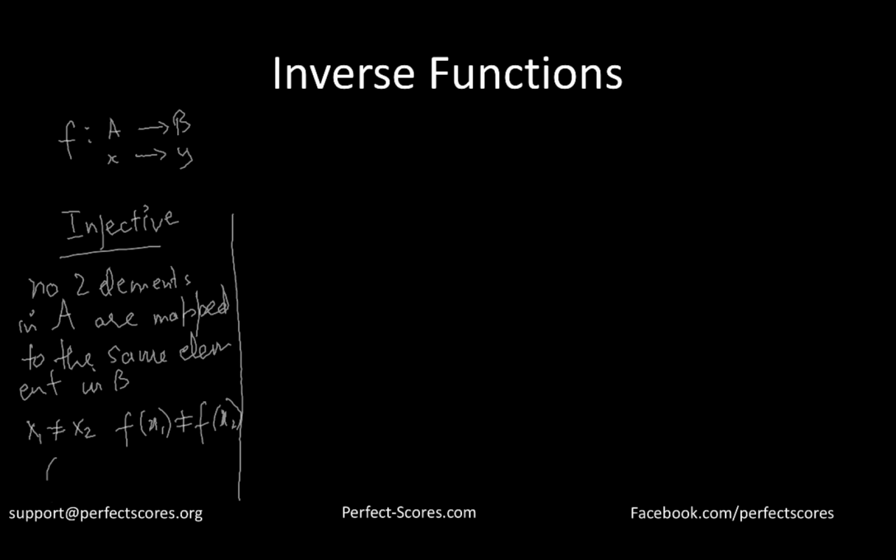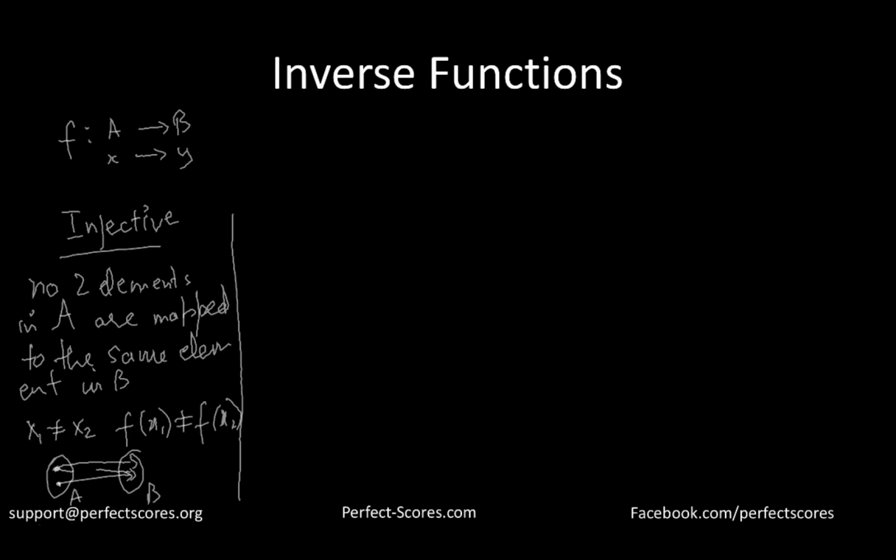If you have all the A values and all the B values, you can't have one x value corresponding to two different y values. That's not possible. No two elements in A are mapped to the same element in B, so they are mapped to different elements.